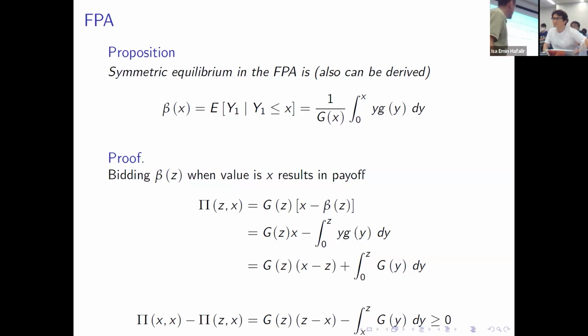Now, what I can do here is integration by parts. So I'm just going to rewrite this part: the integral from 0 to z of y g(y) dy.